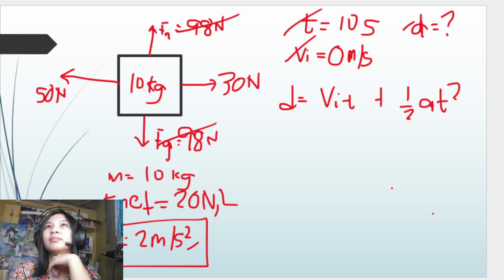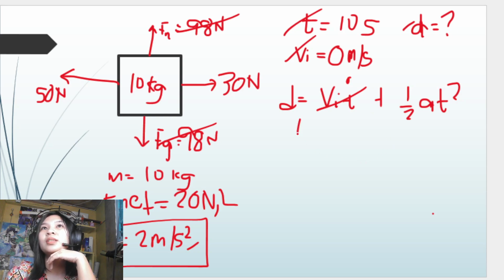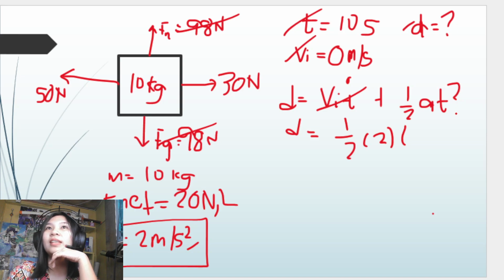Here the initial velocity is 0, so displacement is just 1/2 of your acceleration, which is 2, times the time, which is 10, squared. 10 squared, then 1/2 of 2. So the displacement is 100.